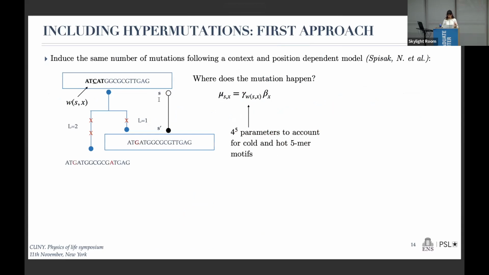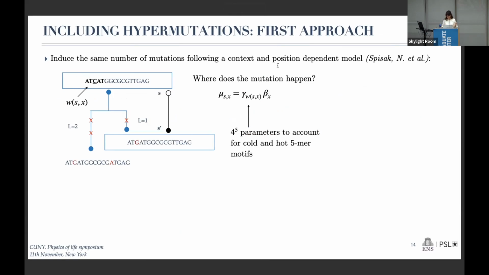These mutations are induced using the model of my colleague that has 3 parameters. This gamma parameter takes into account the probability of a mutation happening, because it depends first on the context. A mutation is more or less likely to happen depending on the nucleotide motif that is here.